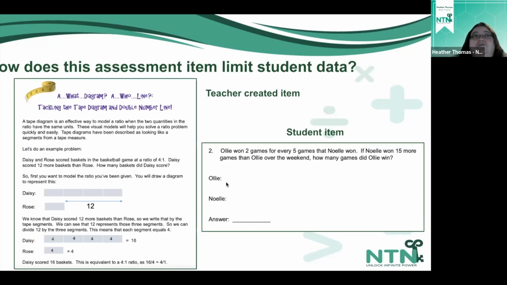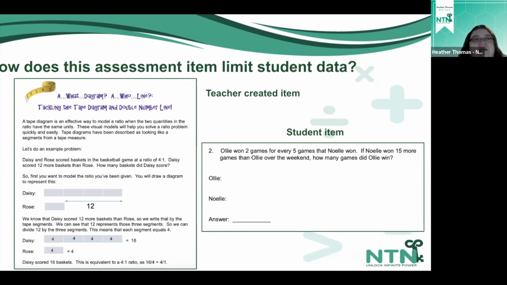And so this limits student data, because essentially what this is going to tell us is whether a student can replicate the actions that we previously did, but it doesn't give us a lot of information on whether they can apply these concepts in different scenarios and different contexts. And with the standard saying they need to solve real-world problems, this tells us about whether they can replicate and not necessarily apply to other situations.